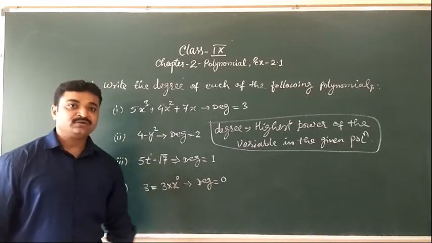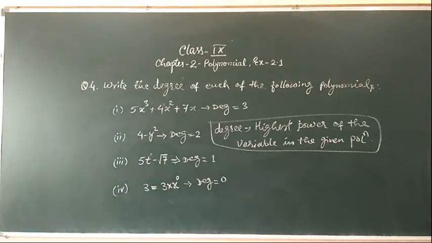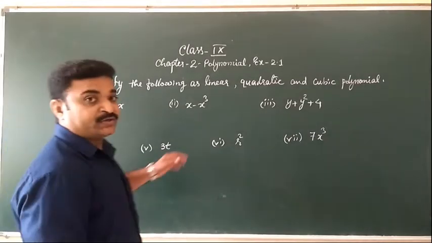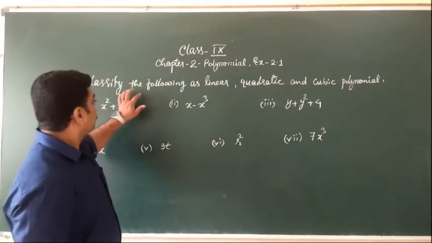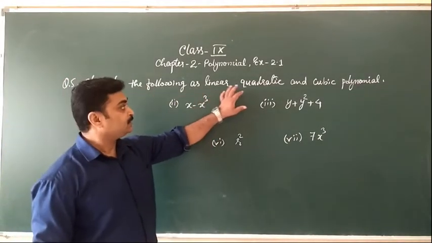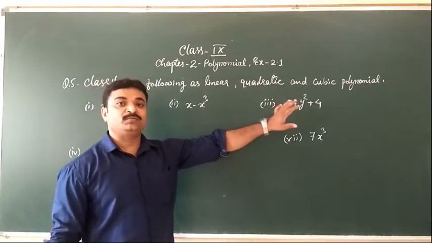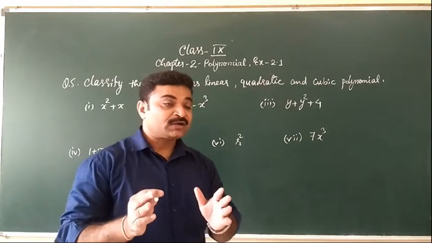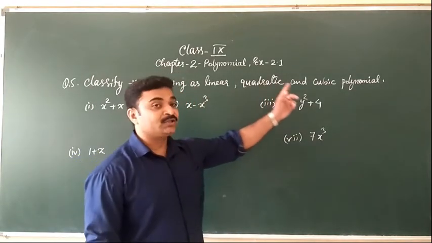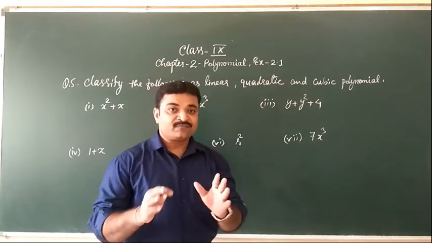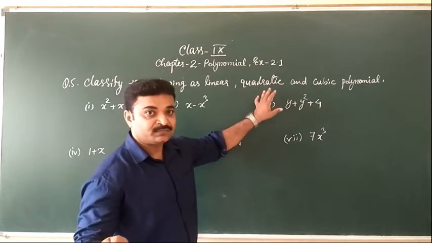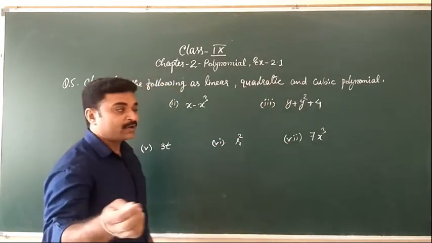We proceed to question number 5. In question number 5, classify the following as linear, quadratic and cubic polynomials. Students, first of all we have to know what linear, quadratic and cubic polynomials are. I have cleared these three terms in the previous lecture. Now we will recall again.